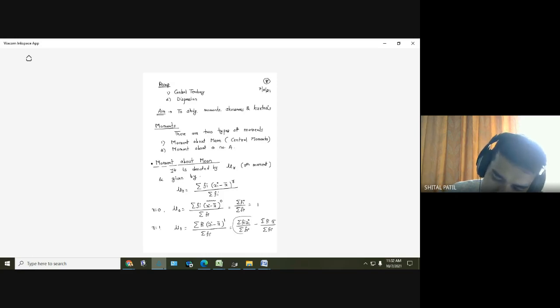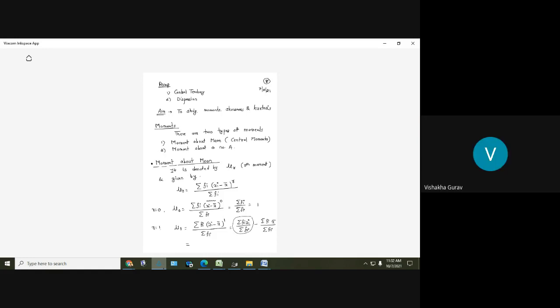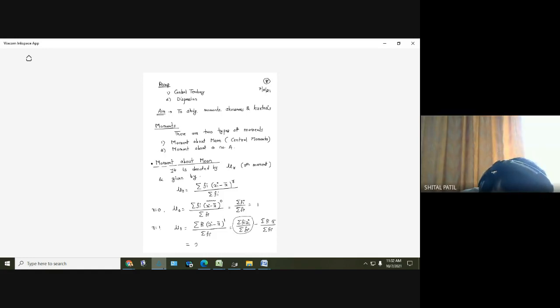The first is the formula of the arithmetic mean, so I can replace it by x bar. This x bar is constant, so I can write it outside.